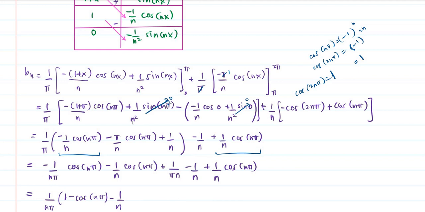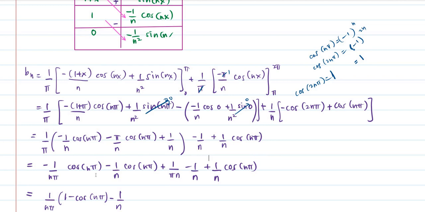Wait a second. This one is negative 1 over n. Sorry, this one does not equal to 0. So right now, after simplifying, just ignore what I said earlier about equal to 0. Simplifying this part, we will have negative 1 over pi, n pi cos n pi minus 1 over n cos n pi plus 1 over pi n.